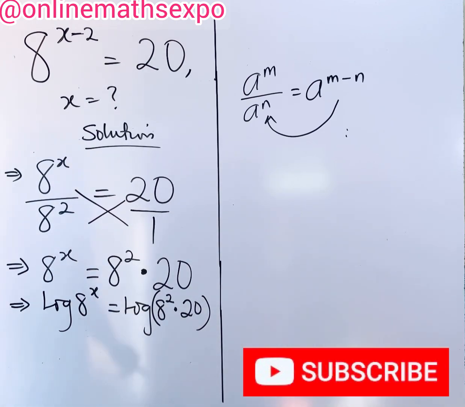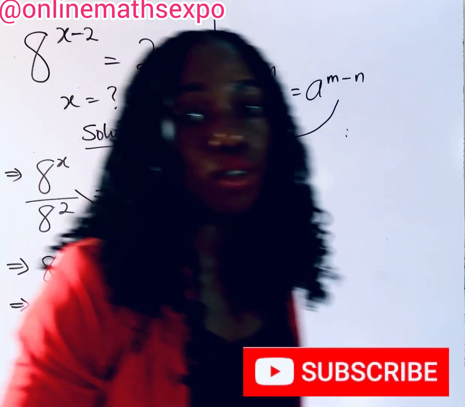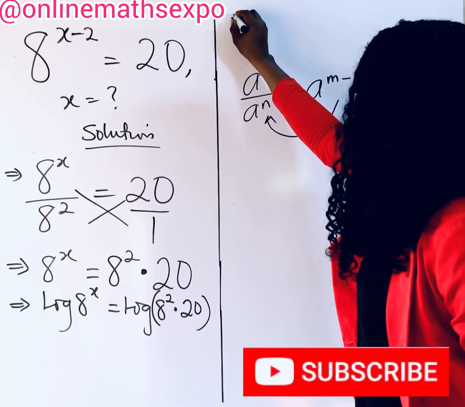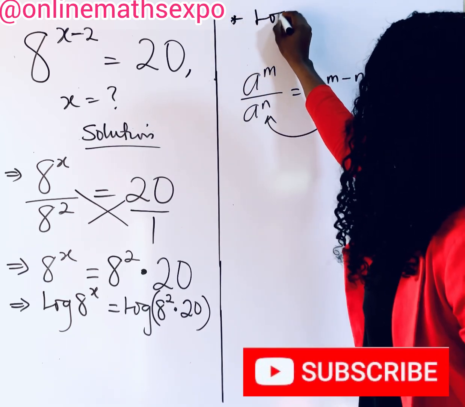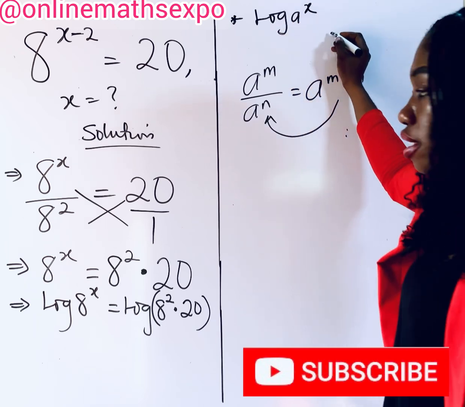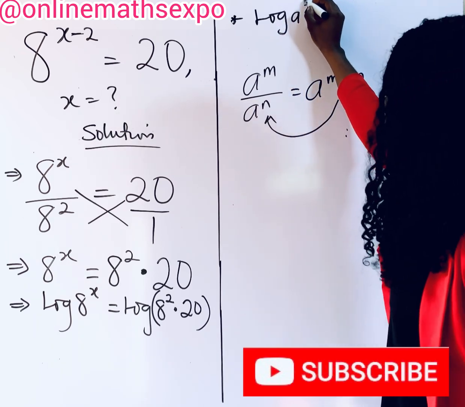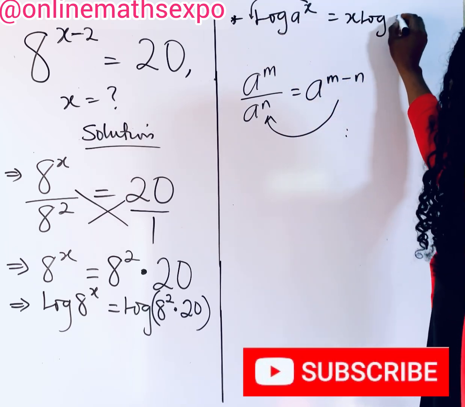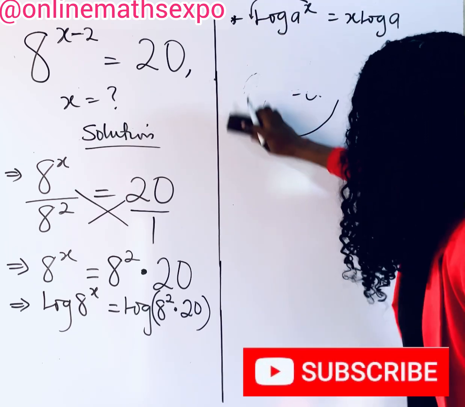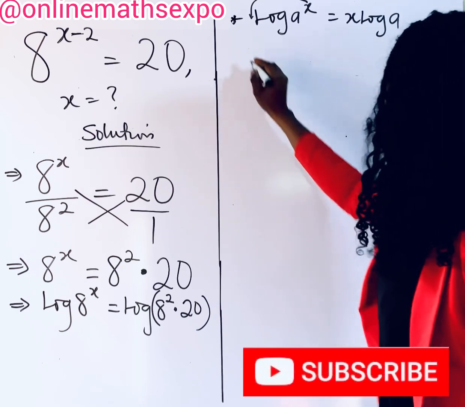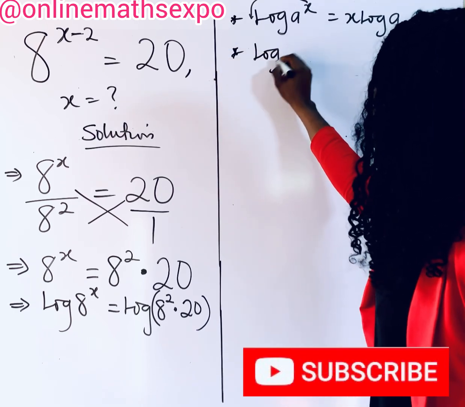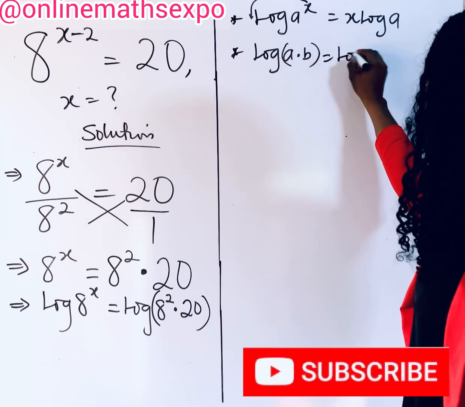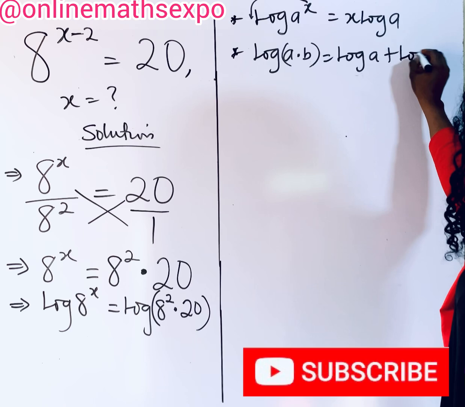Now, what do you do again? Just remember this rule of logarithm, which says that when you have log of a to the power of x, this x here multiplies the log and it gives you x log a, okay? Now, the second rule you need to remember is that when you have log of a multiplying b in this form, it means log of a plus log of b.